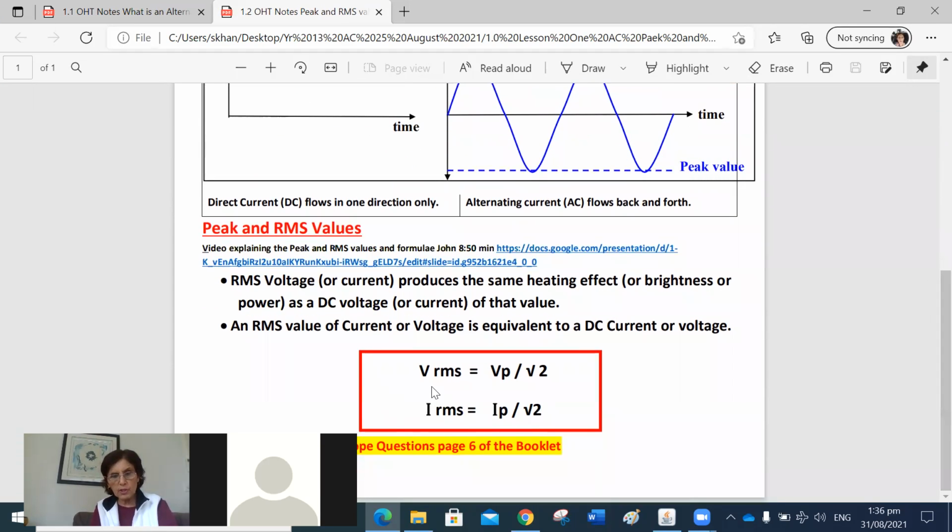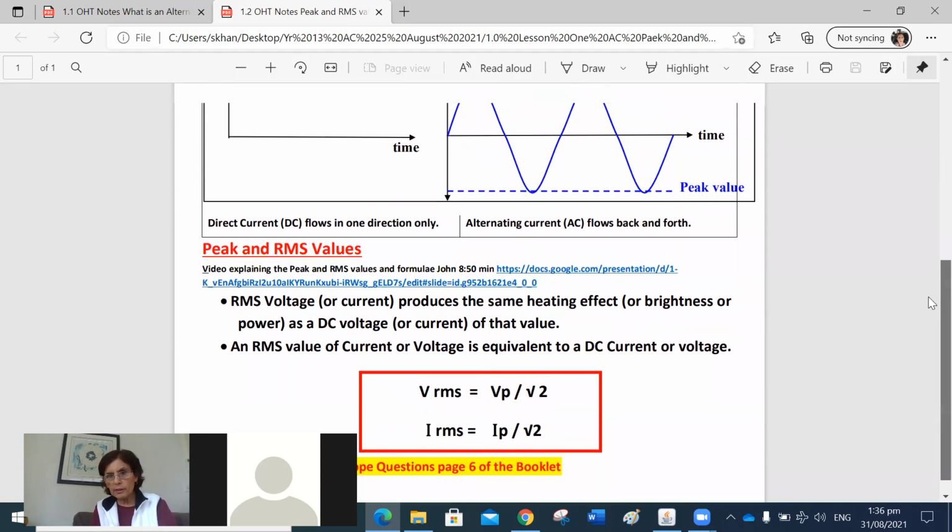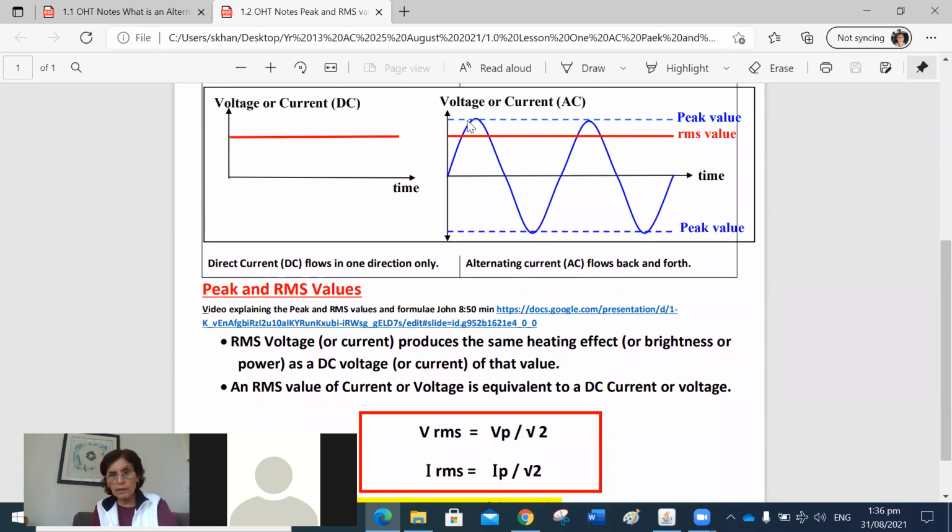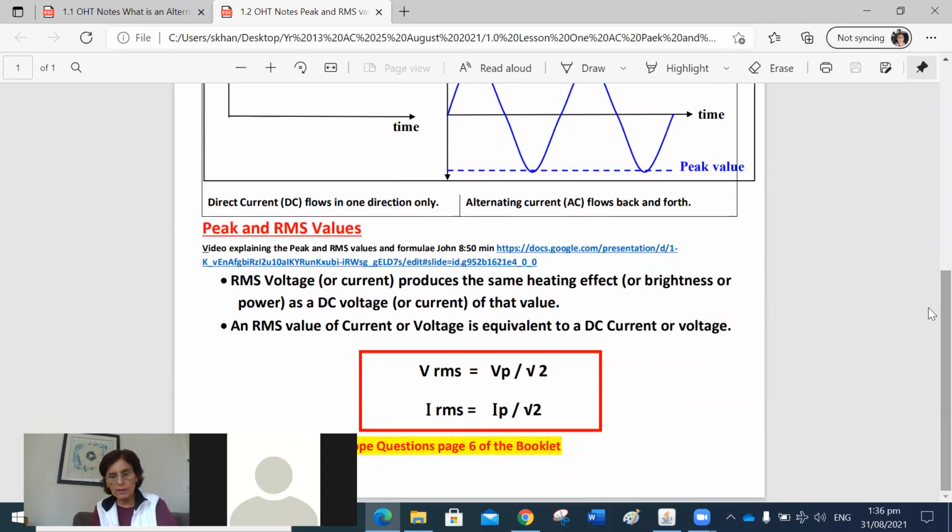Remember that peak voltage will be greater than the RMS voltage, and RMS voltage is equivalent to a DC voltage. So the formulas are: V RMS is equal to V peak divided by square root of 2, or I RMS is equal to peak current divided by square root of 2.